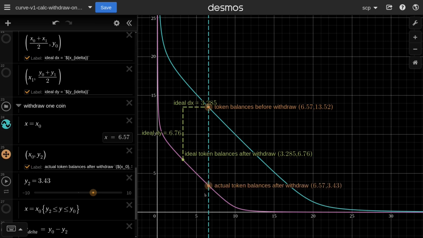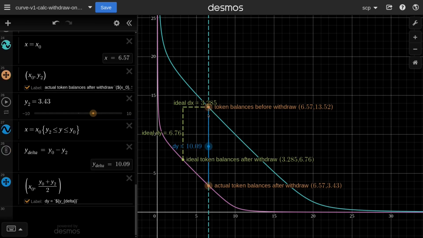This point shown in orange will be the actual token balance after withdrawing liquidity only in a single token. The amount of token X remains the same, since we're not withdrawing token X, we're only withdrawing token Y. So the balance of token Y decreases. This difference between the original balance of token Y and the new balance of token Y that is calculated by the function calc_withdraw_one_coin will give us the amount of token Y that the user will receive. And of course, from this amount, fees will be deducted.